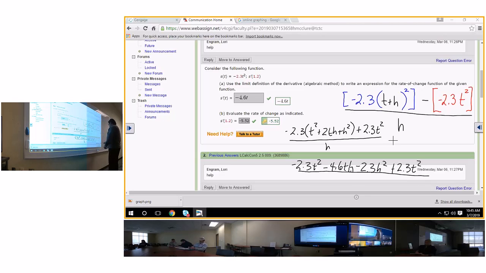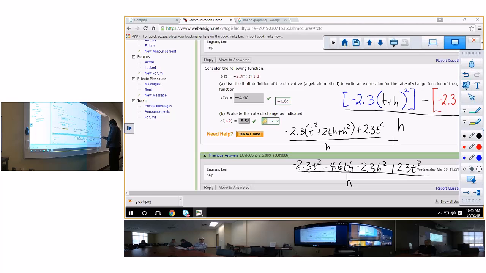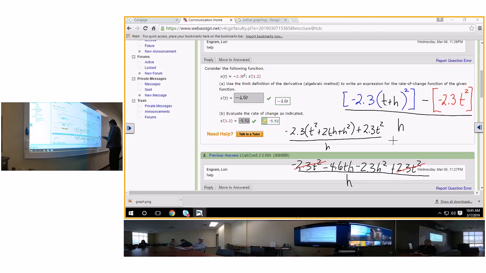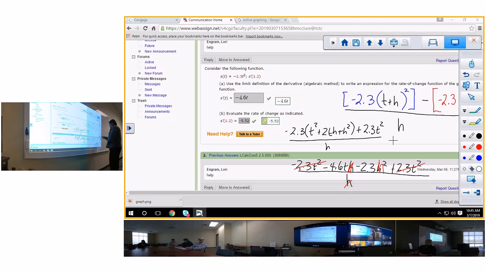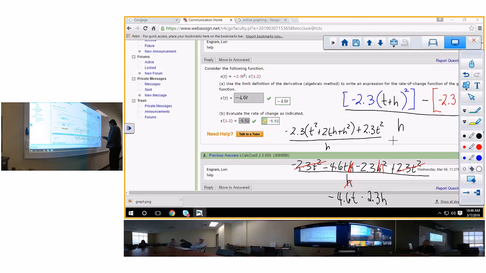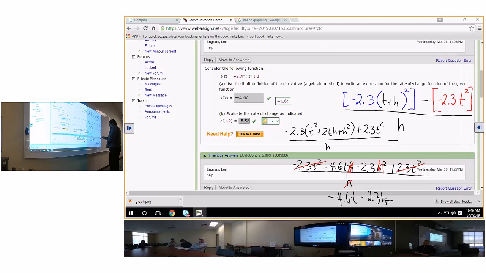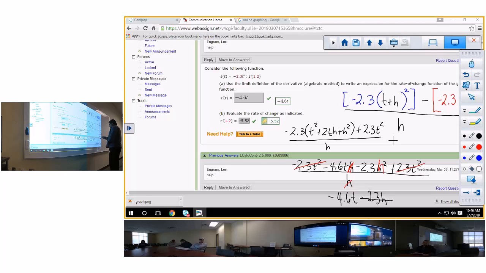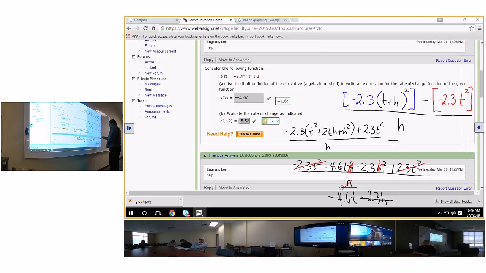And what happens to the 2.3 t squareds? Yes, they cancel. And then this is going to cancel here and make an h, and this is going to cancel there. And your answer is negative 4.6 t minus 2.3 h. And when the limit as h approaches 0, what happens to the 2.3 h? Goes away. And you're left with negative 4.6 t.